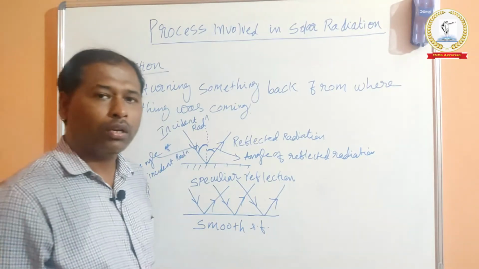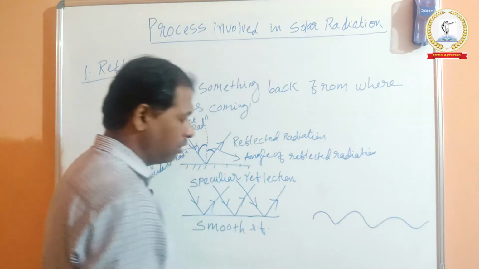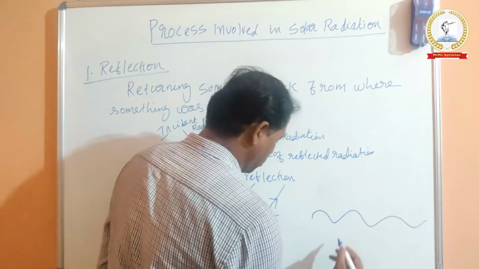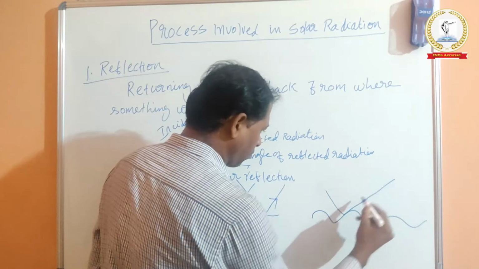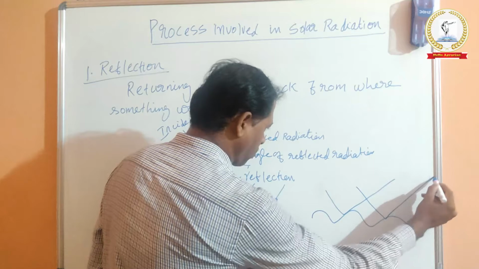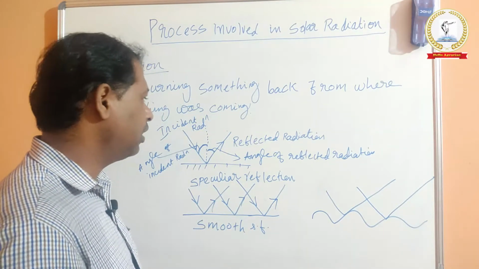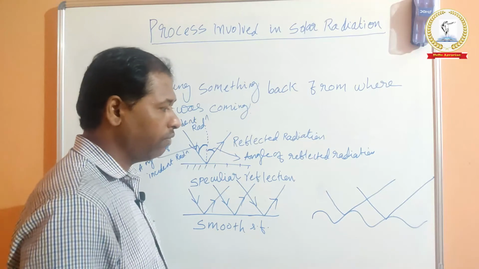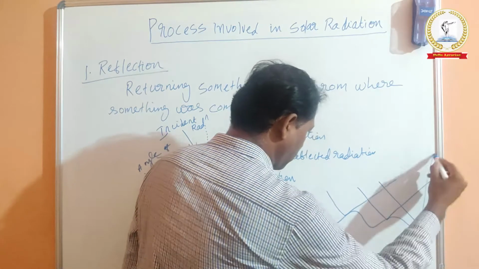While on a rough or undulated surface, the radiation shows diffused reflection. That means the angle of incident radiation and the angle of reflected radiation are not necessarily the same.